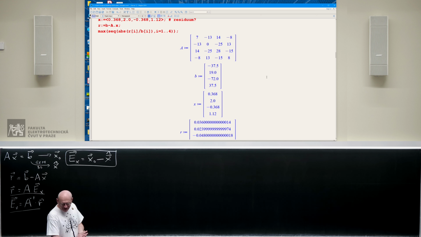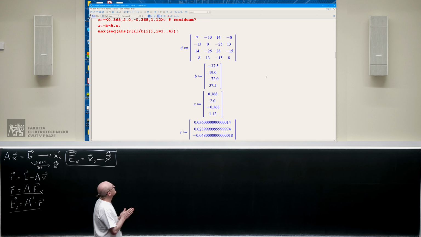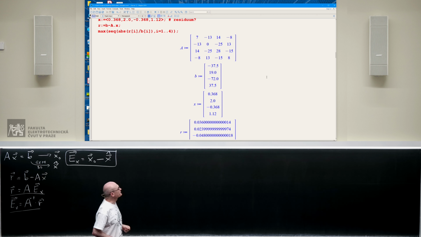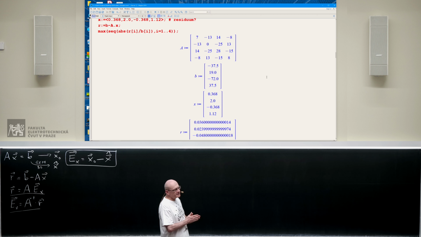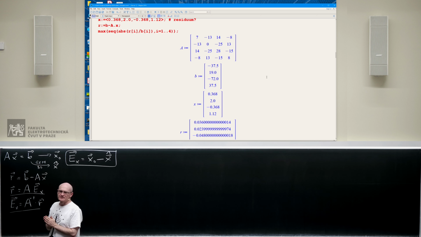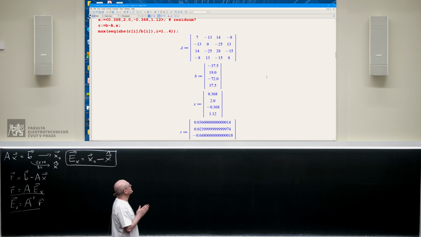Then we have a vector of right-hand sides, B. So we have a system of 4 linear equations with 4 unknowns, and a vector X, which I think might be a solution, or perhaps close to the solution. I don't know how I got it actually. It's just a vector, a candidate.